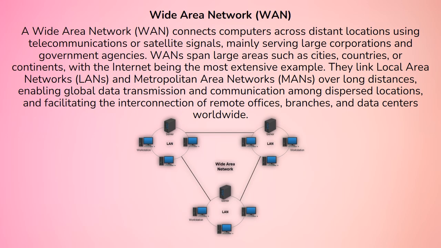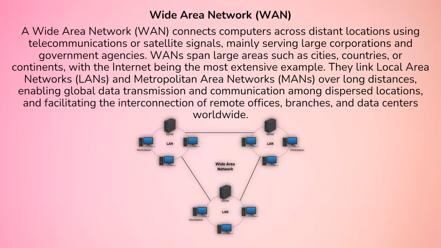Wide Area Network (WAN). A wide area network (WAN) connects computers across distant locations using telecommunications or satellite signals, mainly serving large corporations and government agencies. WANs span large areas such as cities, countries, or continents, with the Internet being the most extensive example.